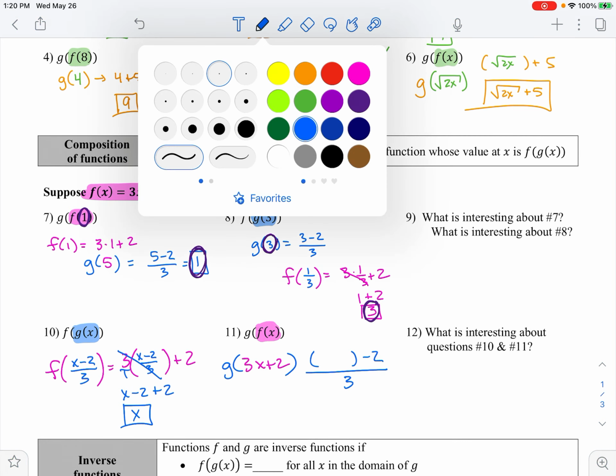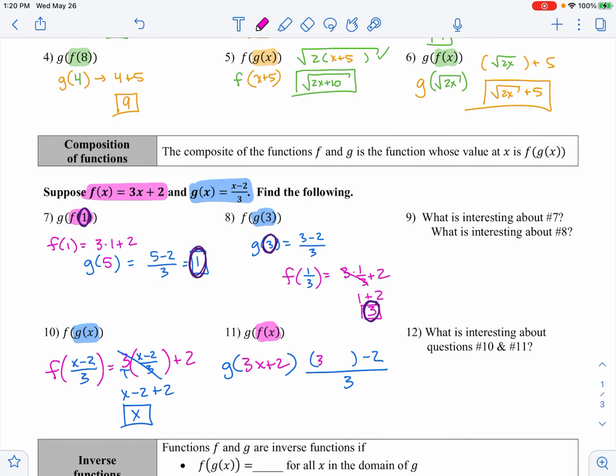But what am I plugging in? I'm plugging in 3x plus 2. Well, here the parentheses aren't doing anything for me. They were just helping me plug in, so I'm going to erase them. And I'll simplify the top. 3x plus 2 minus 2, those 2's are gone. So I get 3x over 3. What does that give me? That gives me just x.